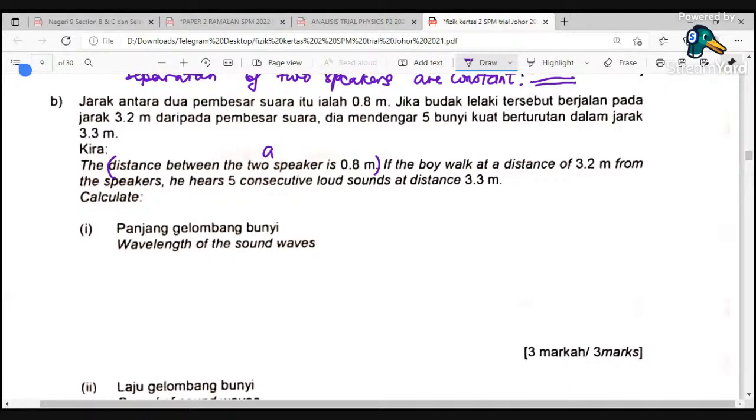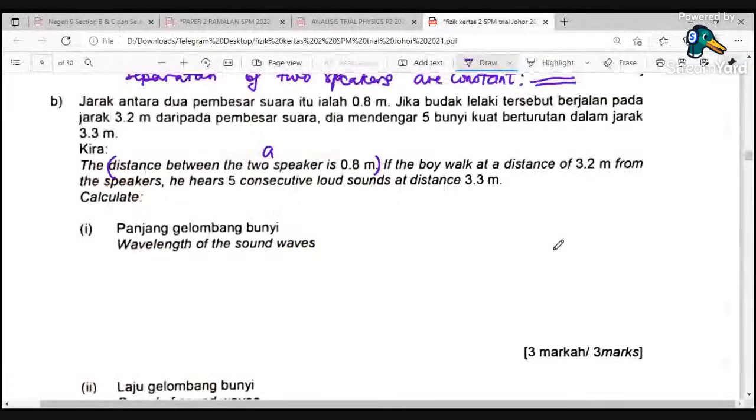Nak baca jawapan. Distance of 3.2 meters from speaker. Ini D. 5 consecutive loud sound, distance 3.3 meter.